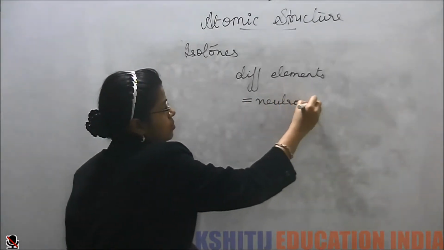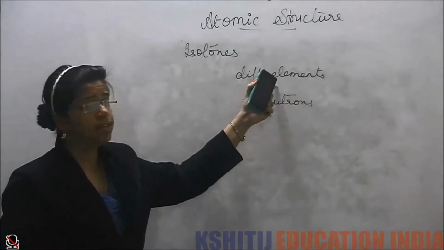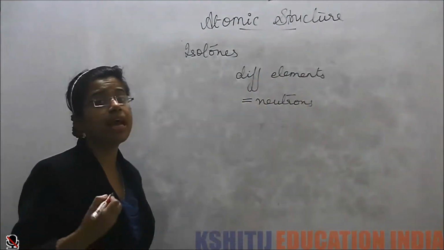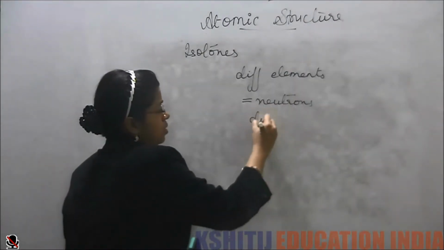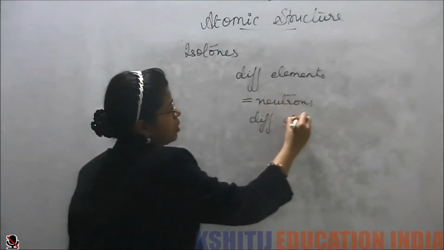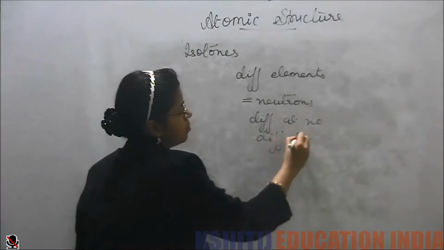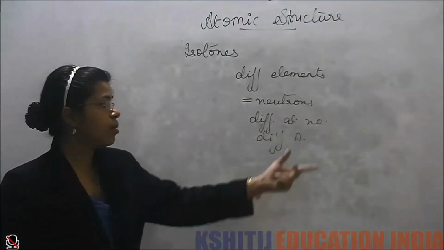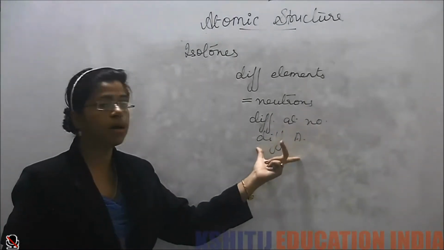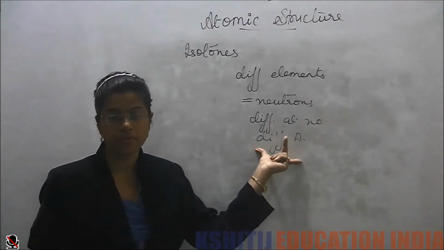But obviously, if there are different elements, they will have different atomic number also and therefore different mass number also. If atomic number is different, obviously mass number will also become different, right?